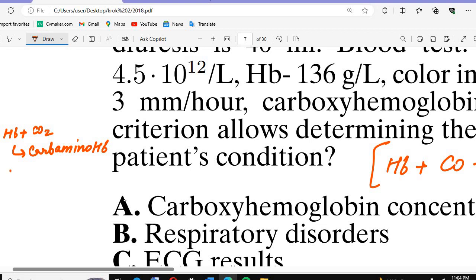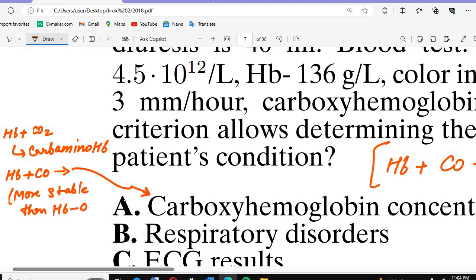If you have hemoglobin plus carbon monoxide, we call this condition carboxyhemoglobin, and this is more stable than hemoglobin oxygen. That's why these patients can die in these conditions.